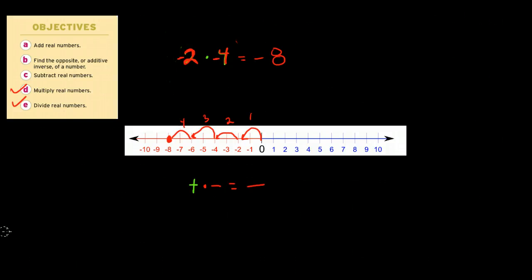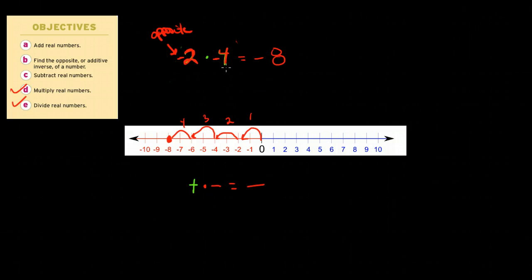Because now, instead of jumping by 2 in whatever direction this says, this now says jump by 2 in the opposite direction. Jump the opposite way of whatever that tells you to jump.